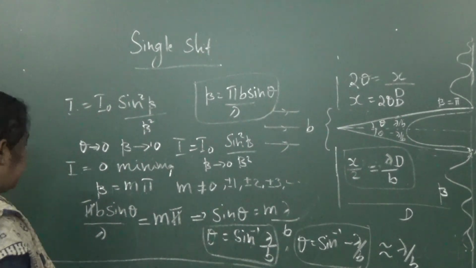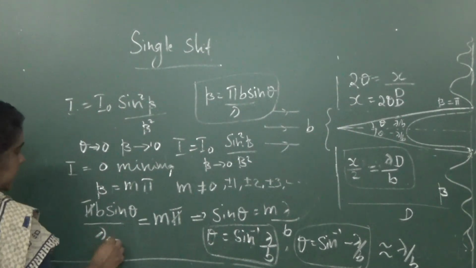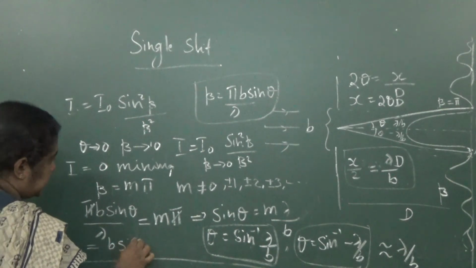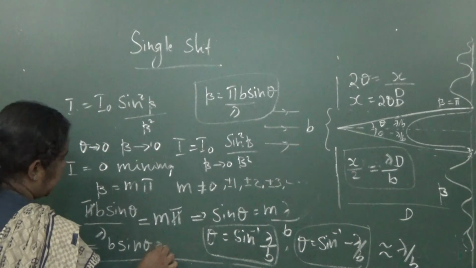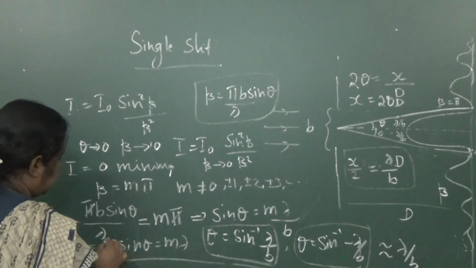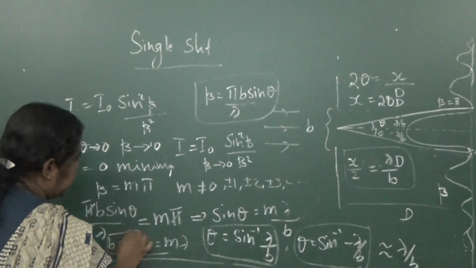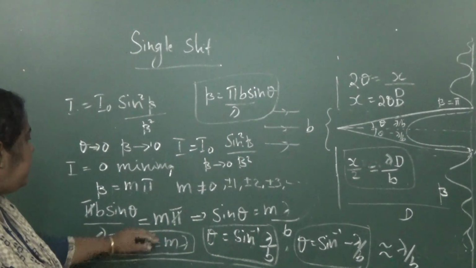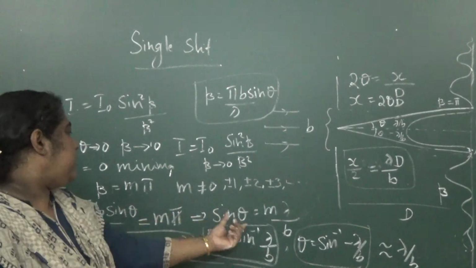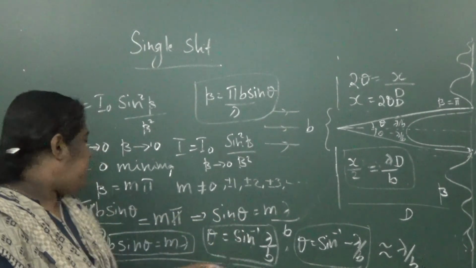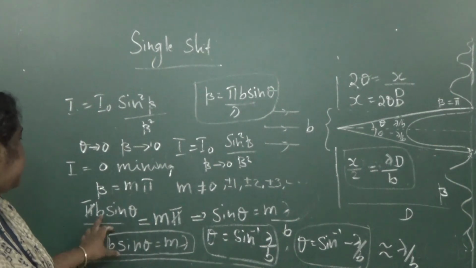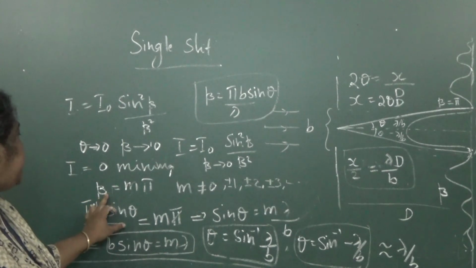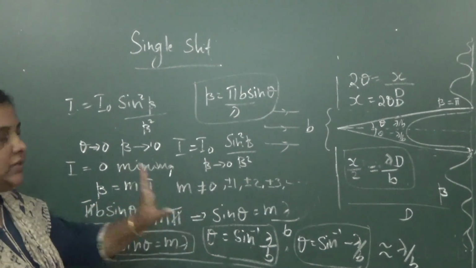Okay, but here also you can write b sin theta is equal to m lambda. You have already studied a similar expression. You can say this is the condition for minima.